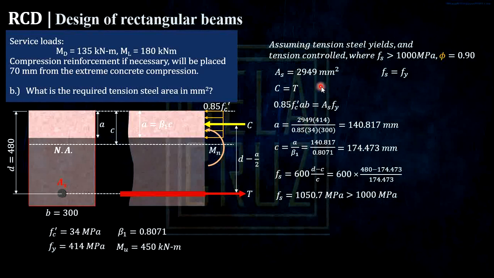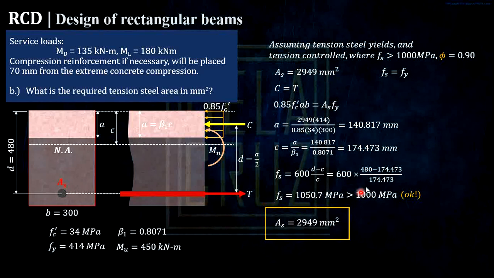Therefore, our solution from the start is correct, and it is designed as singly reinforced. So our As is the As required we obtained, and that will be the answer.